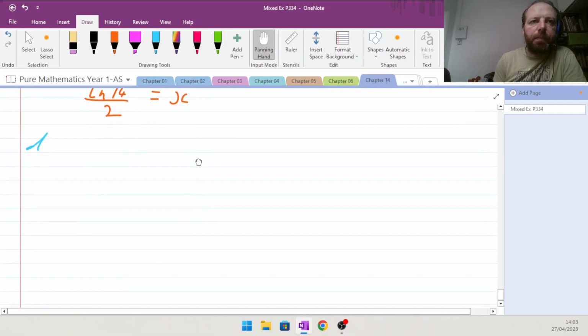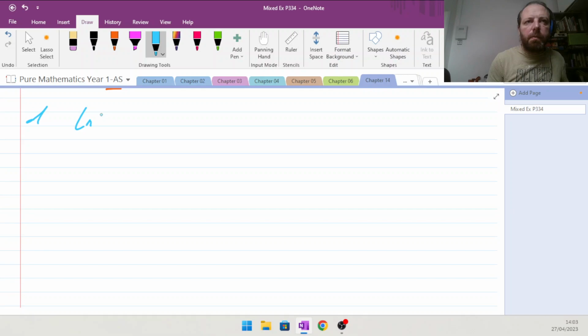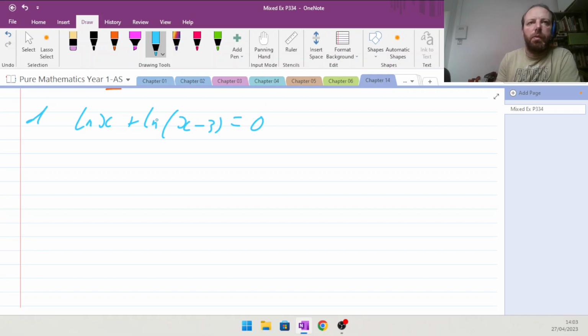D. ln x plus the ln of x minus 3 equals 0. Okay, so if we raise it all to the power of e, we will be left with x plus x minus 3 equals e to the 0, which is 1.